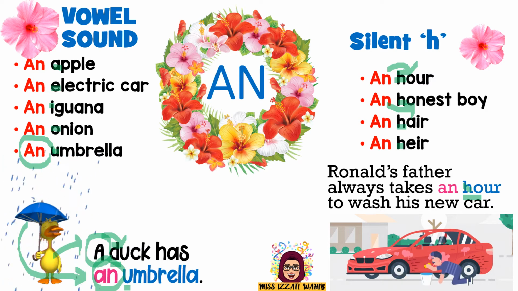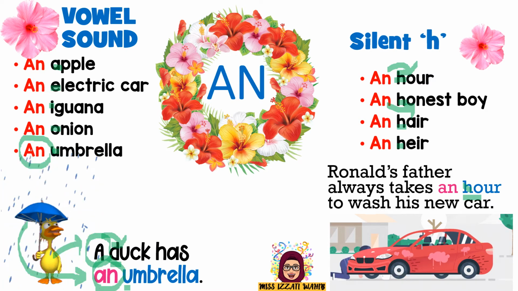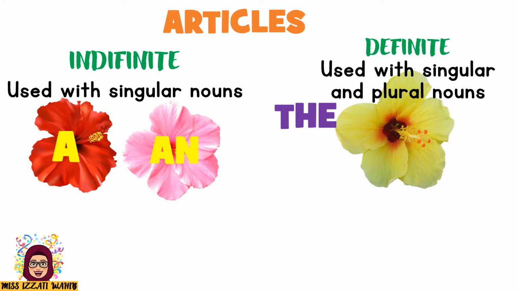Okay, next. You have mastered how to use a and an. Now let's move on to the. The is a definite article we can use with singular and plural nouns.